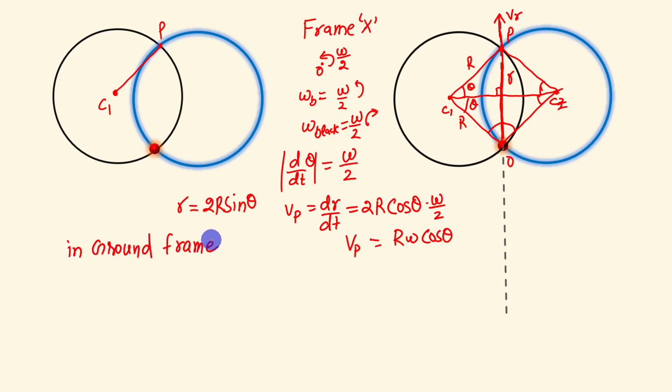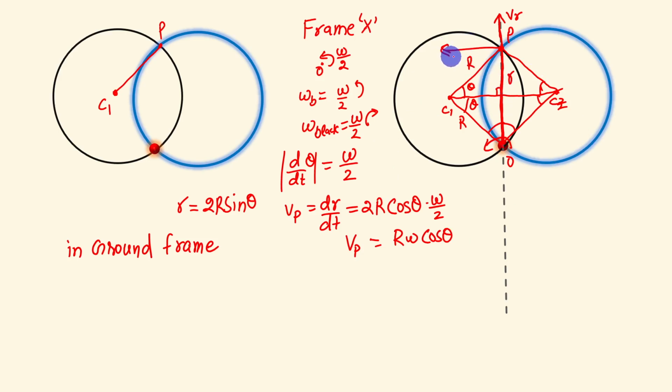what we have to add is the velocity of this point P because of the rotation of this frame of reference, right? Because of this frame of reference, the velocity that the point P would have had because of this rotation will be in this direction, right? You can imagine that this point P is actually moving on a circular path with angular velocity omega by 2.